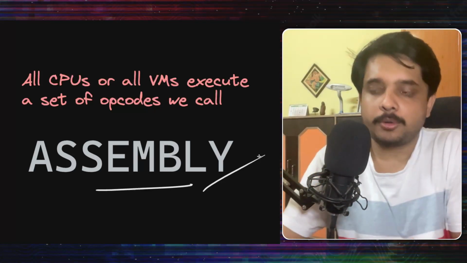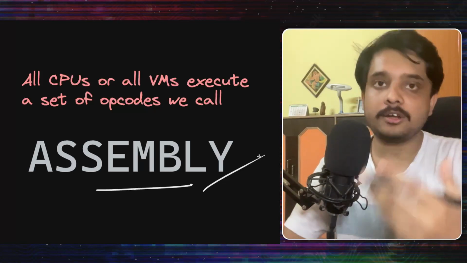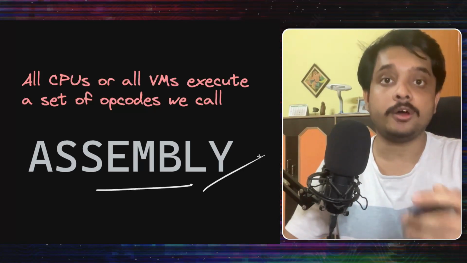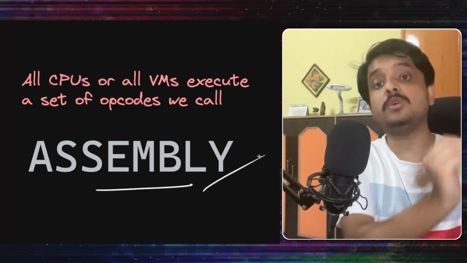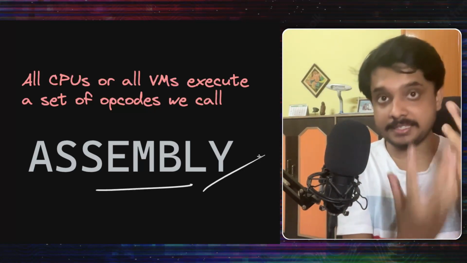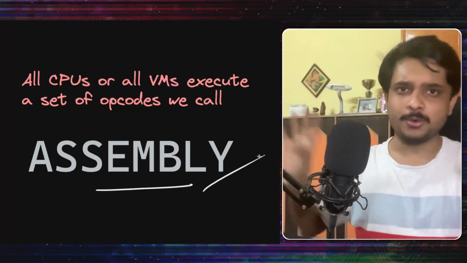So whenever we write a program, it ultimately has to be translated into a set of instructions for the CPU. So if we want to run our program on an x86 machine, we have to take that program and convert it to a series of instructions in x86 opcodes or in x86 assembly, right? I'm simplifying these things a little bit, but this is how the overview works.